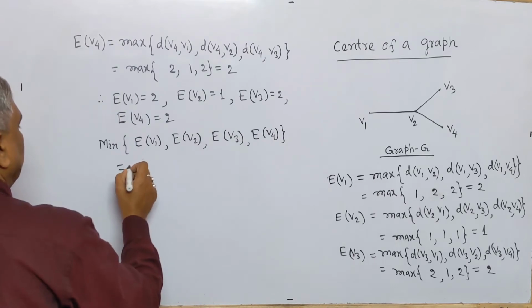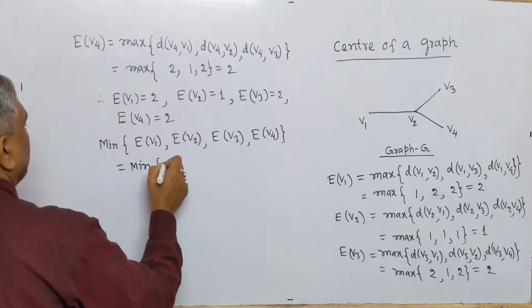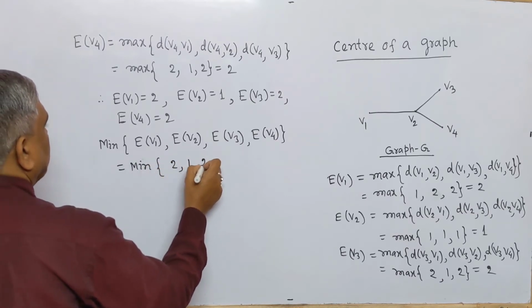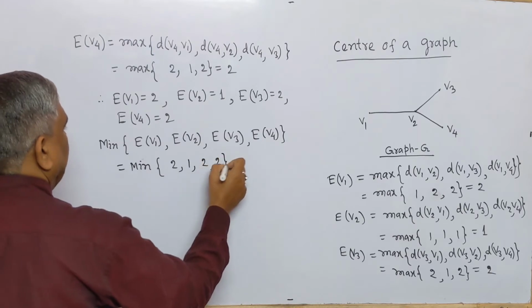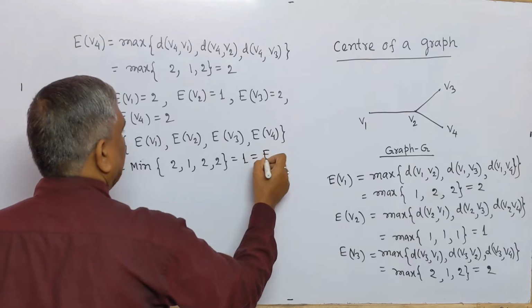This is equal to minimum of 2, 1, 2, 2, and this is equal to 1, and this one is E(V2).